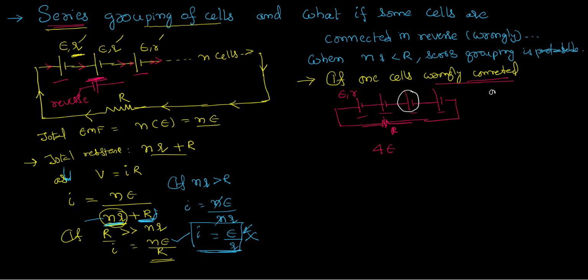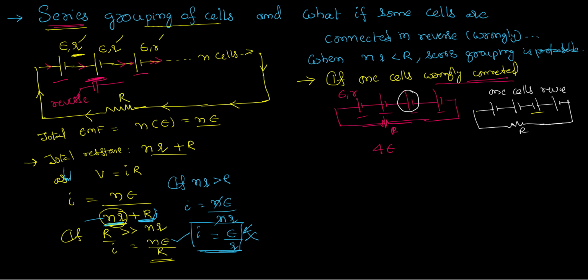So when one cell is reverse connected, what is the diagram that you can draw? Cell 1, cell 2. But be careful, notice this. Cell 3 I have connected in reverse to the same circuit like this.